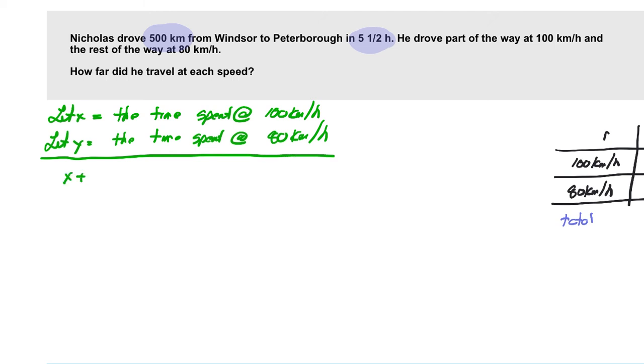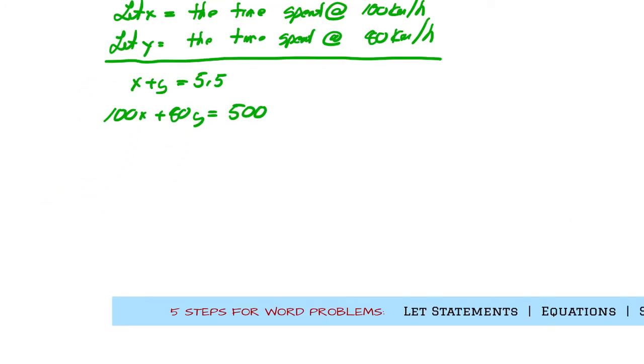So it's x plus y equals the 5.5, and then it's 100x plus 80y equals 500. Okay.